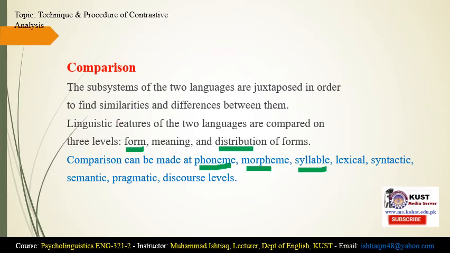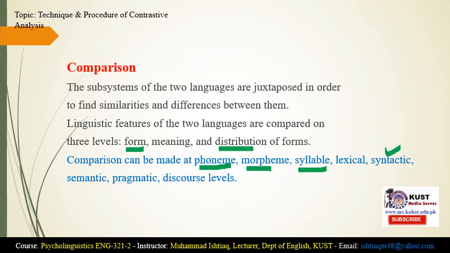Same is the case with lexical and syntactic levels. As far as syntactic is concerned, we have got subject first languages, object first languages, and verb first languages. As far as the semantic level is concerned, we have semantically dense languages and we have semantically very low languages, meaning a single item will give only one meaning.